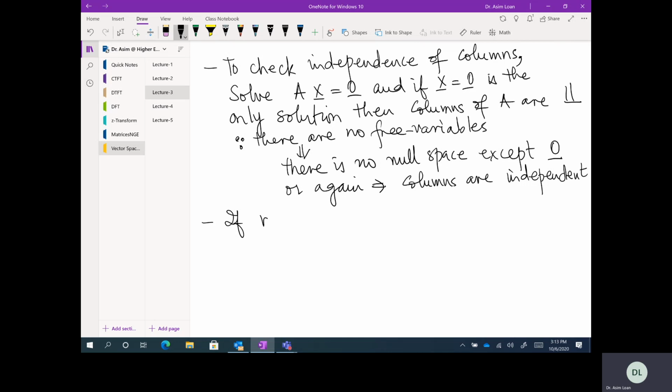If rank R is less than n, this implies there exists at least one free variable.